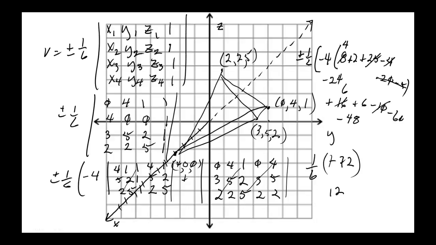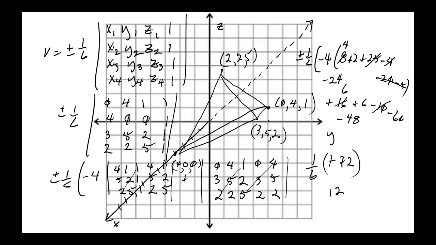We'll lose the minus sign, and that will be a 12. Is that the volume? Yes. 12 cubic units, whatever your units are. They left off the plus or minus.